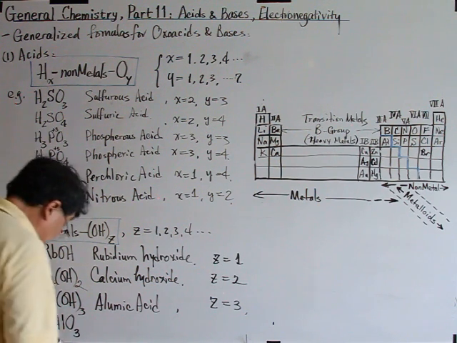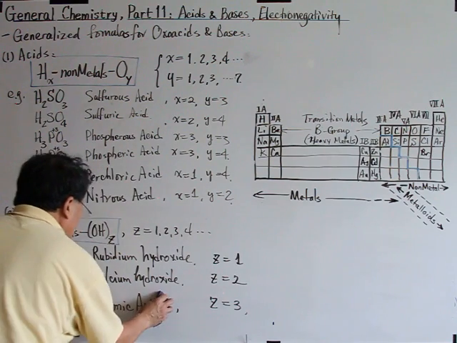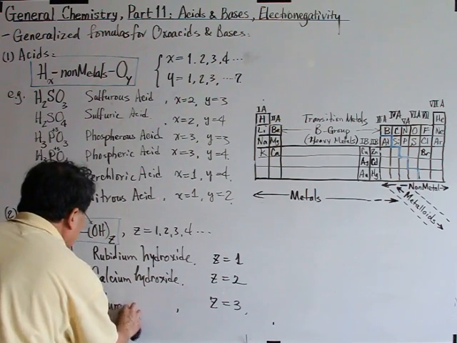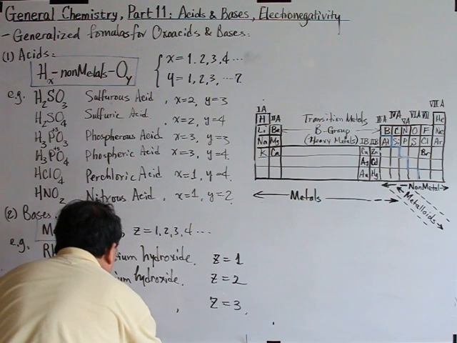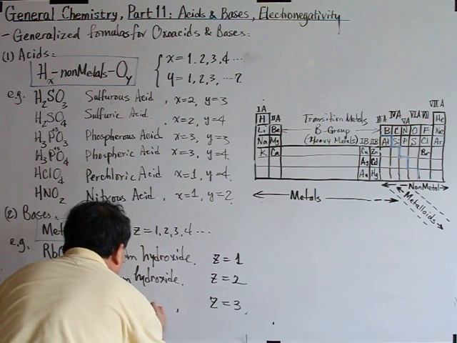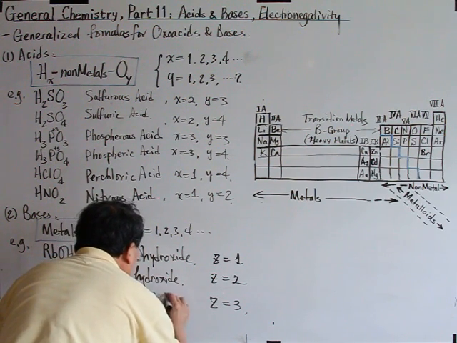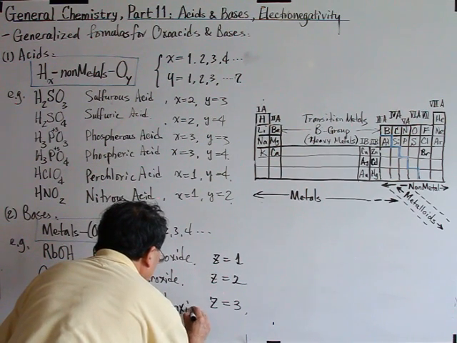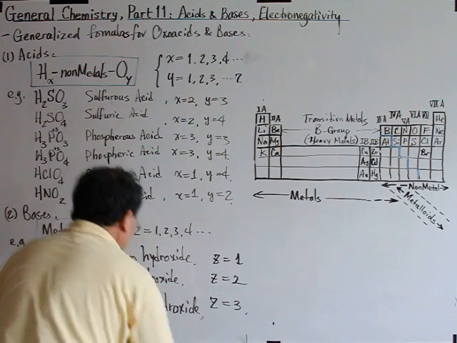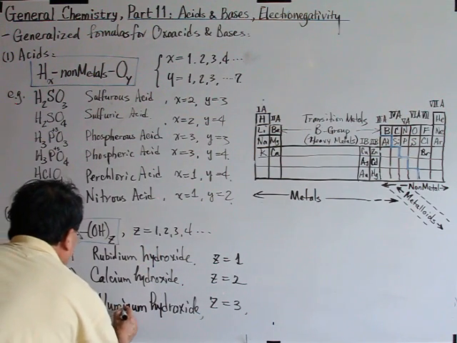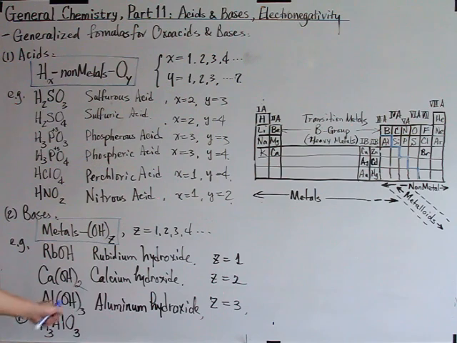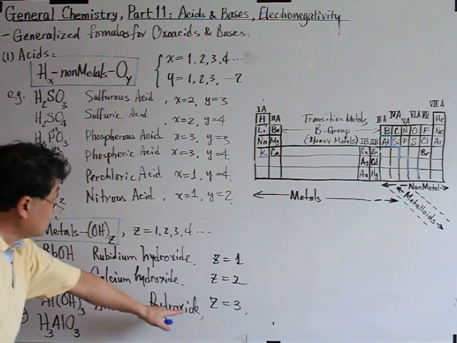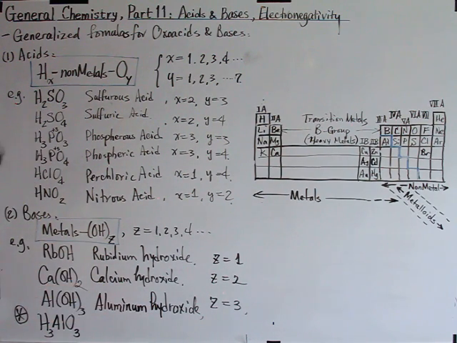On top should be aluminum hydroxide. Let me talk about hydroxide, right? That's the base, right? Aluminum hydroxide. Now here we rearrange it. That's the base, aluminum hydroxide. Hydroxide is always a base, right? But here's what? Here's aluminum acid. Is what?